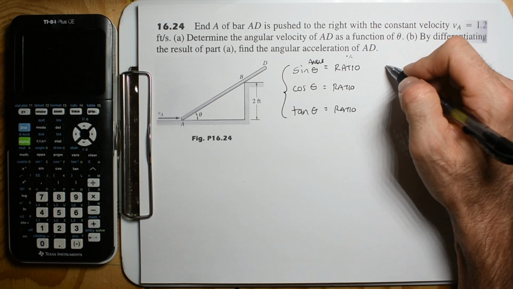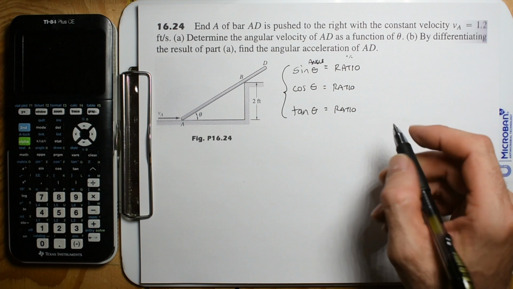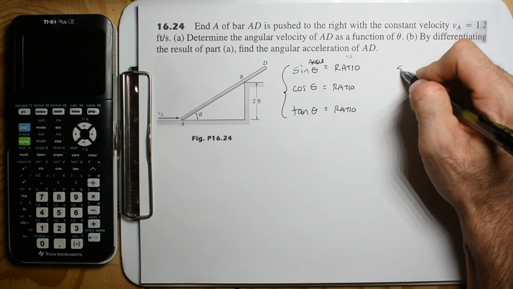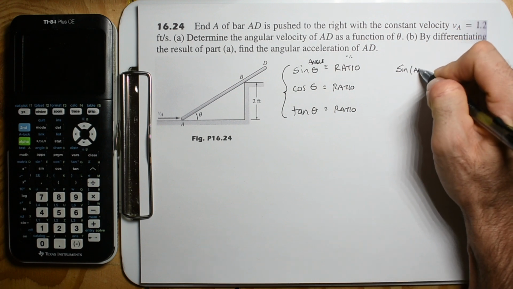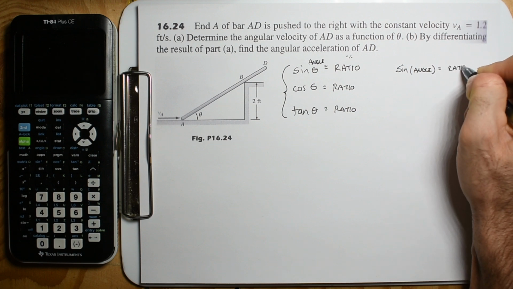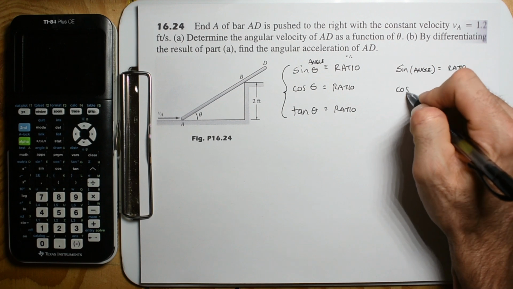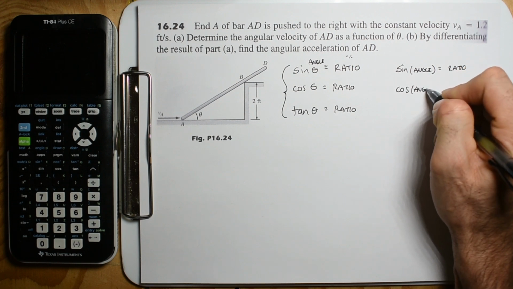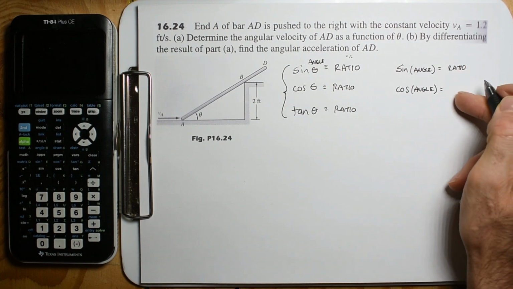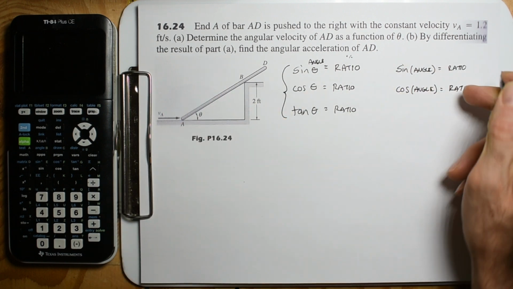Sine of an angle is opposite over hypotenuse. Cosine of the angle is adjacent over the hypotenuse, but it's still a ratio.